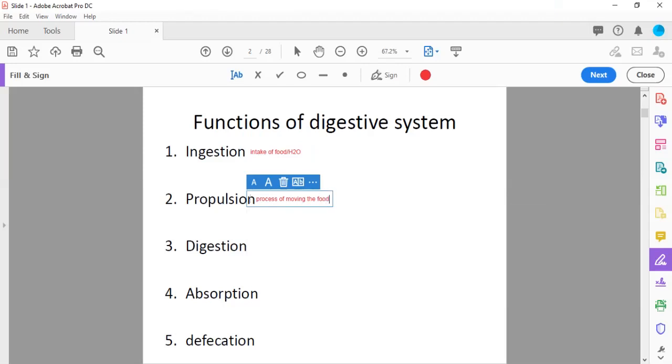I'll just put food in this case, quote unquote, because it could be bolus or chyme and so on, within the digestive tract in the direction towards the anus, beginning at the mouth.